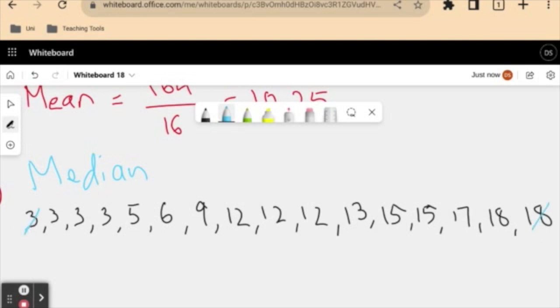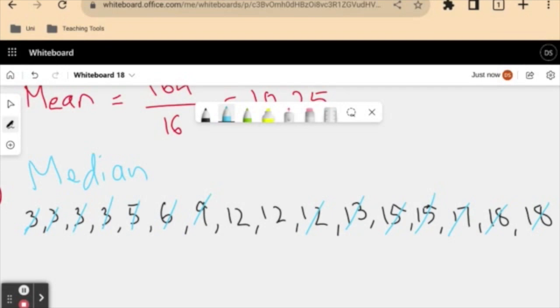And like I said, this is the longer way to do it, so that in a later video, I can illustrate a more efficient way to find this. So we have a total of 16 terms.